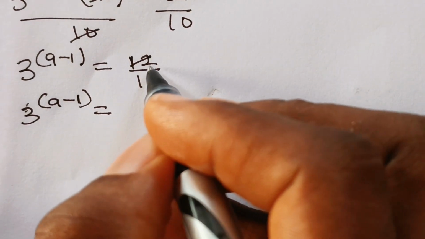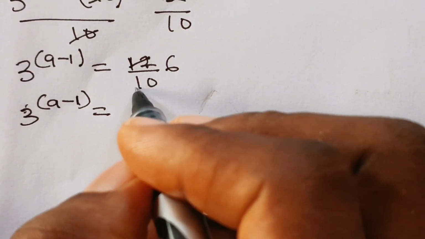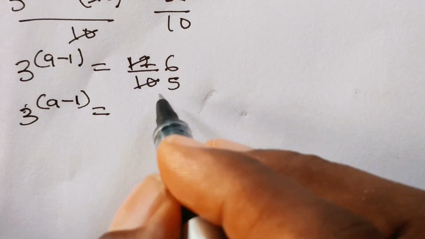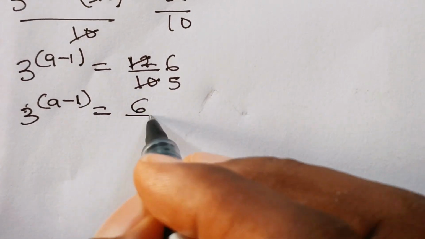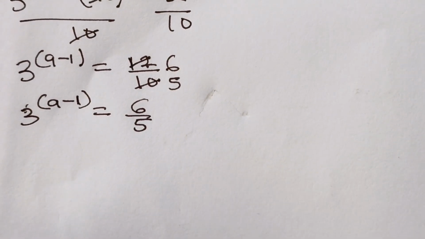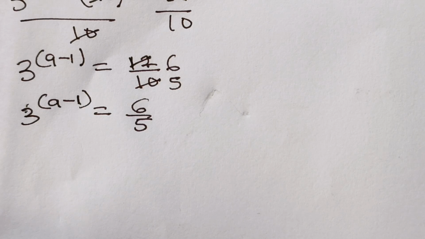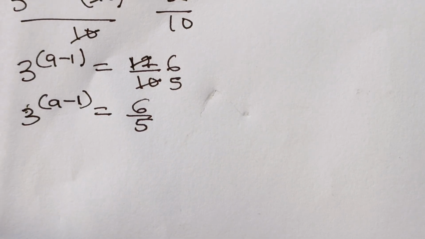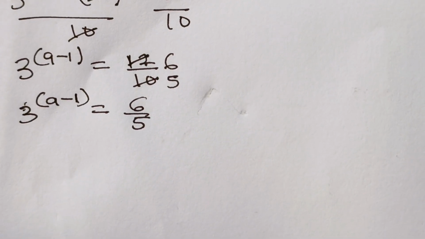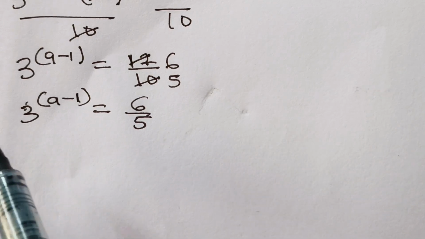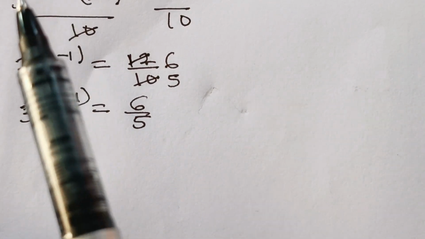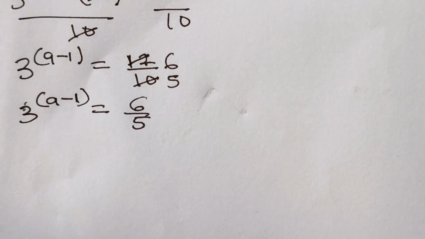When 2 divides 12 we have 6, and when it divides 10 we have 5. So we can write this as 6 divided by 5. Now we are going to introduce log to both sides of this equation. I would like you to watch to the end and see how we substituted what we got into the main equation to prove that it is right.